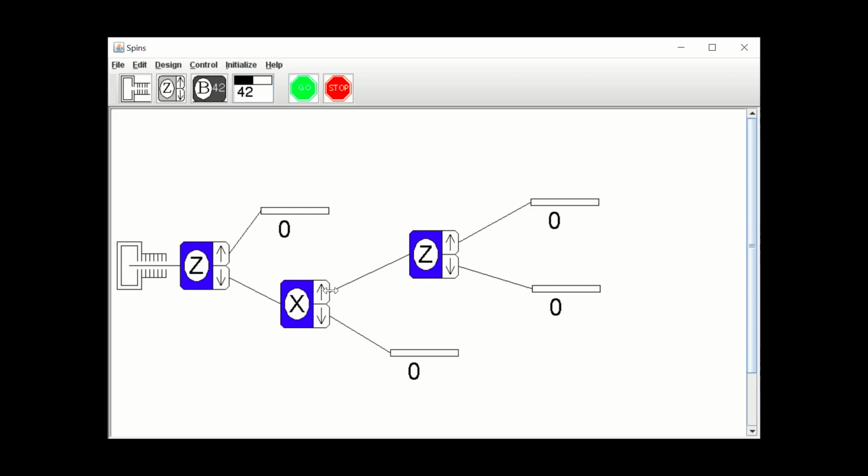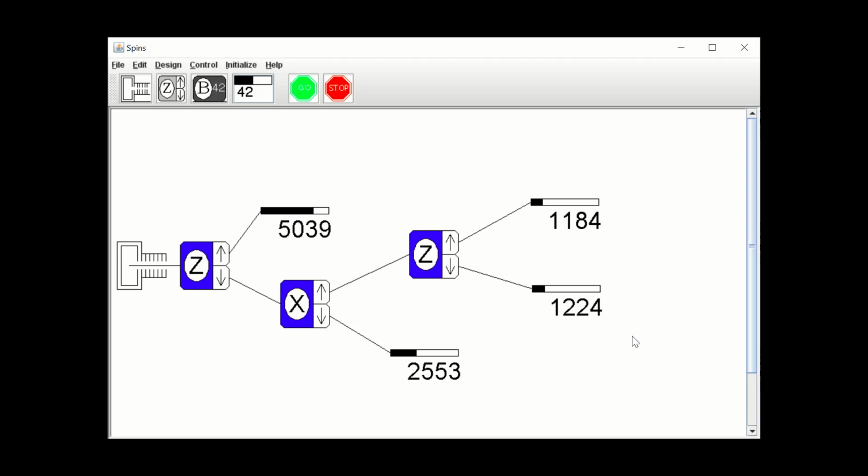And if I then take the spin up out of that X analyzer and put it as my input into my final one, I get essentially the same thing. Roughly 5,000 particles going into this X. Half of them go to my final Stern-Gerlach analyzer, and that splits that half again into half spin up in the Z direction and half spin down. So again, 25% of my initial beam is measured as spin up or spin down in the Z direction.